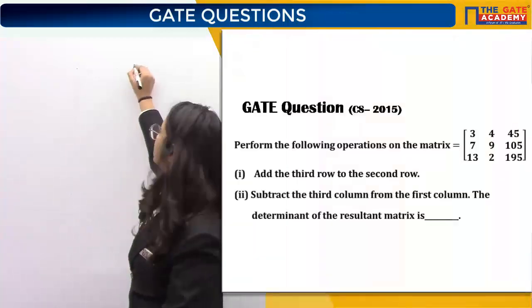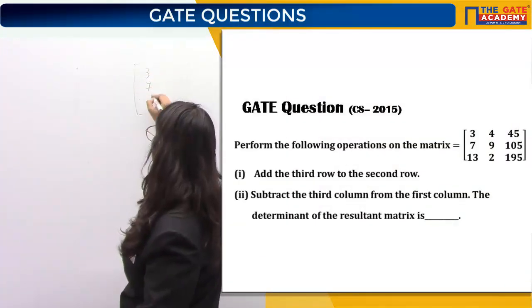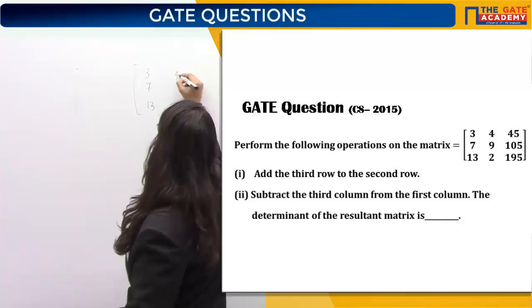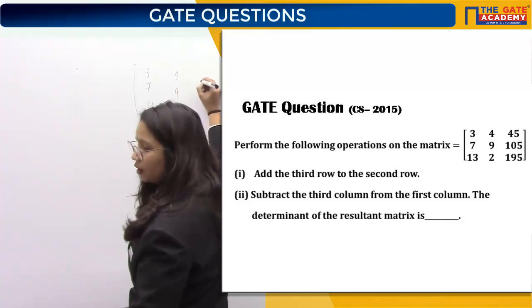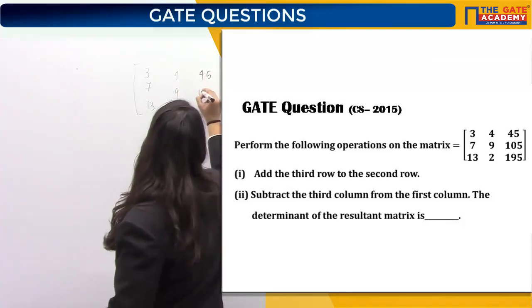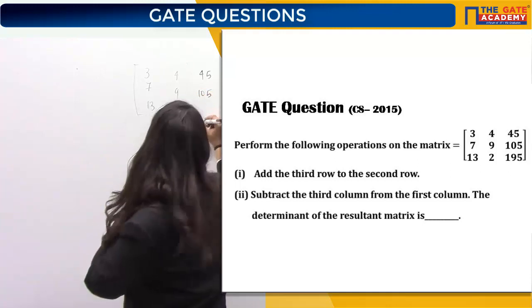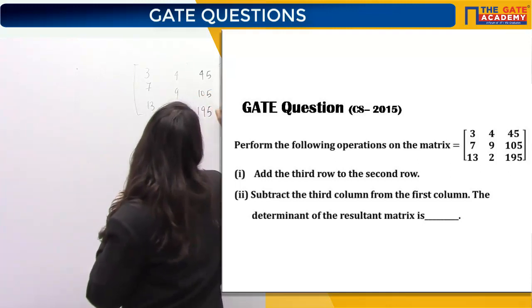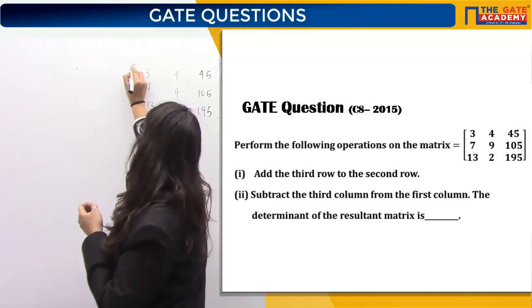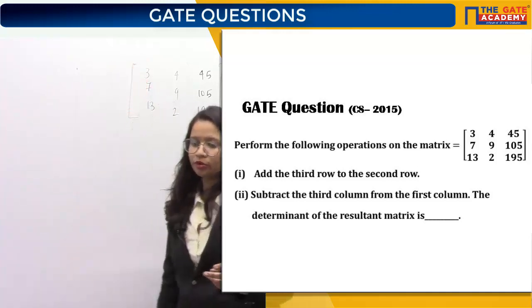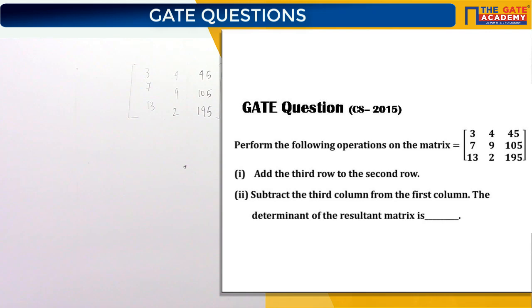So the matrix given to you is 3, 7, 13, 4, 9, 2 and so on. Now they are asking you to perform two operations.